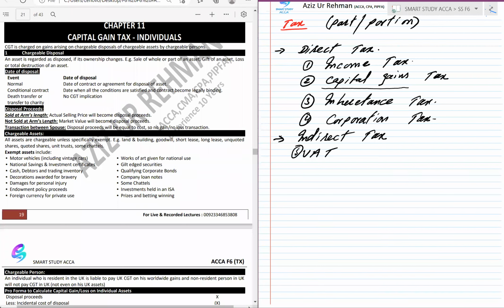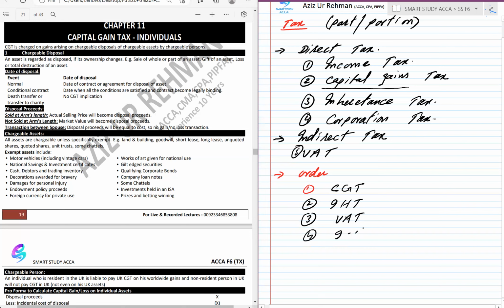Students, first of all, the order will be: first we will cover CGT, capital gains tax. Then we will cover IHT, inheritance tax. Then we will cover value added tax.